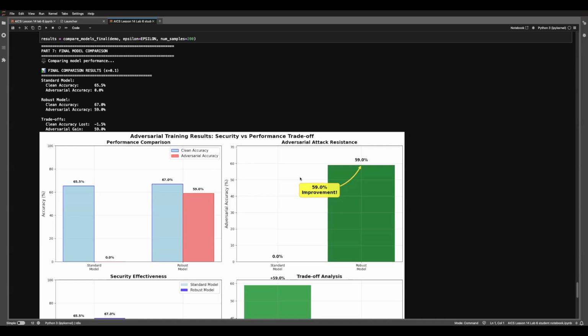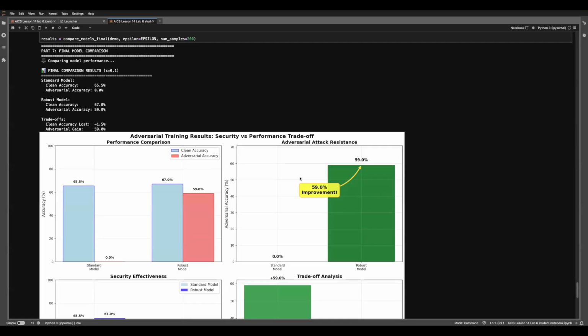And what we're saying is, this is the standard model, its clean accuracy was 65%, but its accuracy against adversarial was 0. So that's not very good. But if we do a robust model, actually its clean accuracy is a little bit better, and its adversarial accuracy is way better, right?